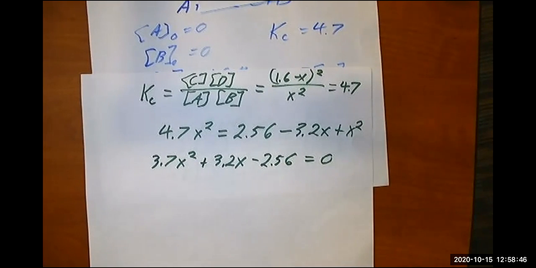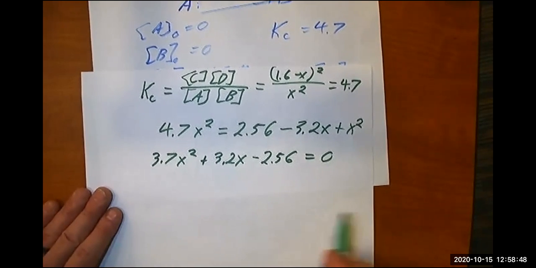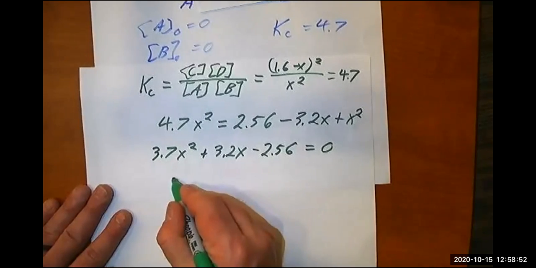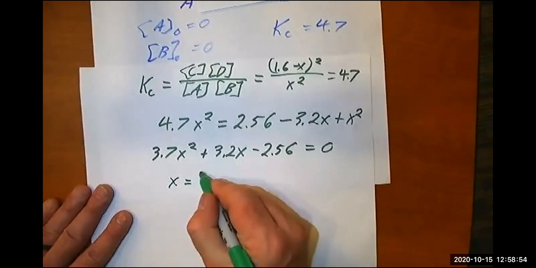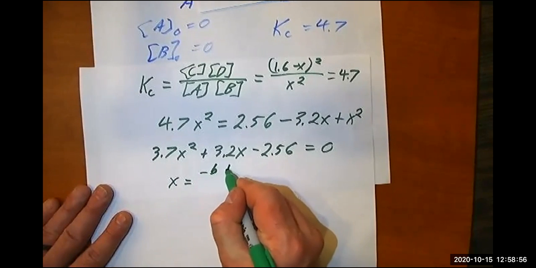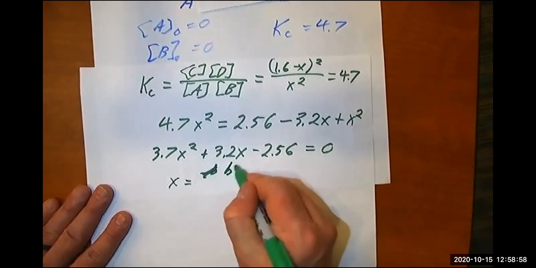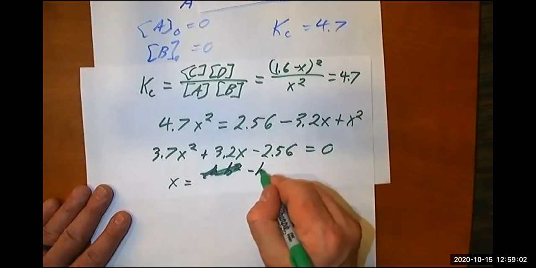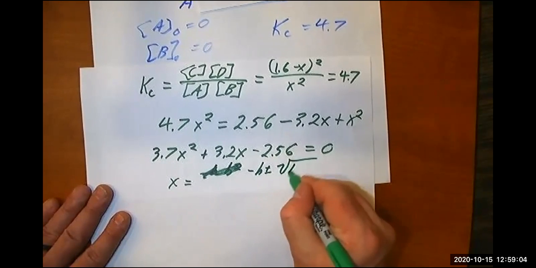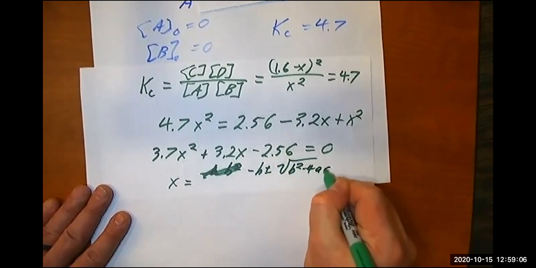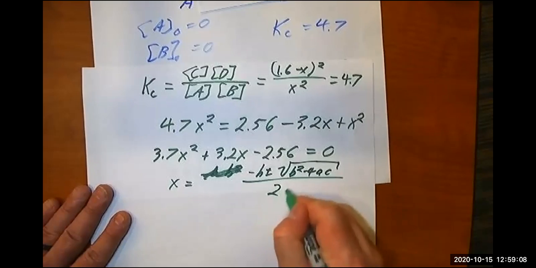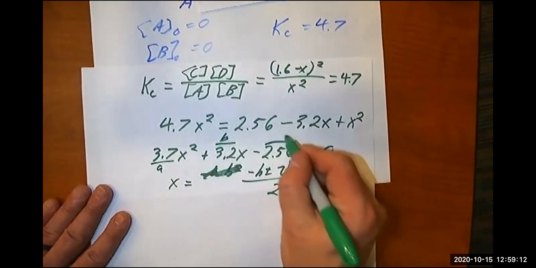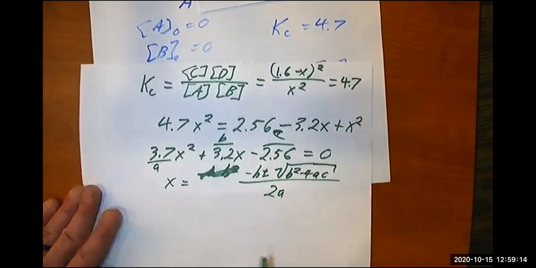And at this point, we have a quadratic equation, so we use the quadratic formula. So x equals negative b plus or minus the square root of b squared minus 4ac, all over 2a. So that's a, that's b, that's c.